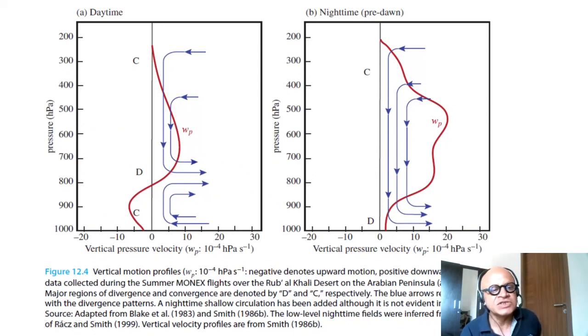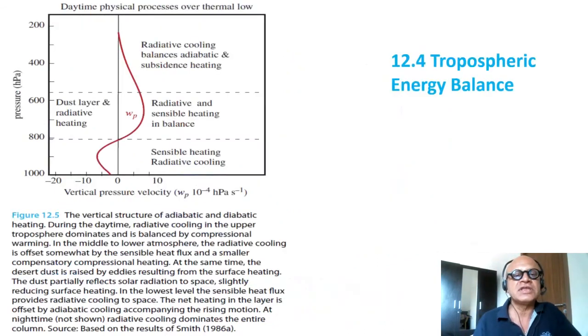This is the basic idea of how the heat balance happens, and we will look at the tropospheric energy budget in a minute, but essentially we will just use the same diagram. So you have convergence and divergence, so you have sensible heating and radiative cooling at the surface or below the mixed layer, and there is dust and radiative heating also playing a role because of the dust, especially if you have black carbon, which can be advected in or locally emitted, and it can have a cooling effect as well, but generally that is not so significant.